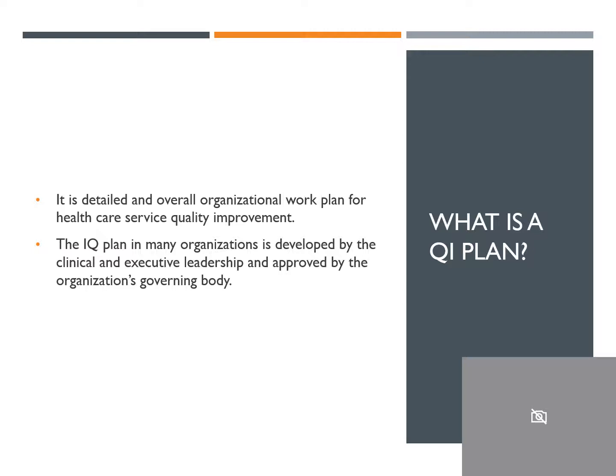The QI plan in many organizations is also developed by clinical and executive leadership and approved by the organization's governing body. The tool can be used to measure the level of quality that is delivered to obtain favorable outcomes to meet the satisfaction of patients.